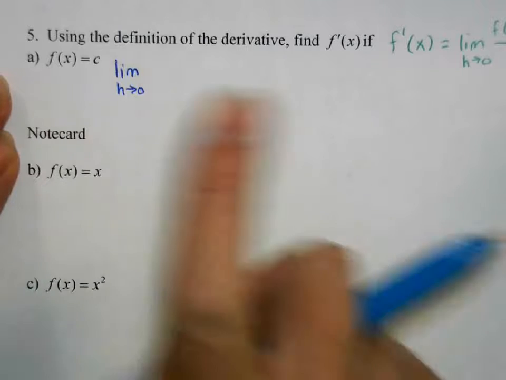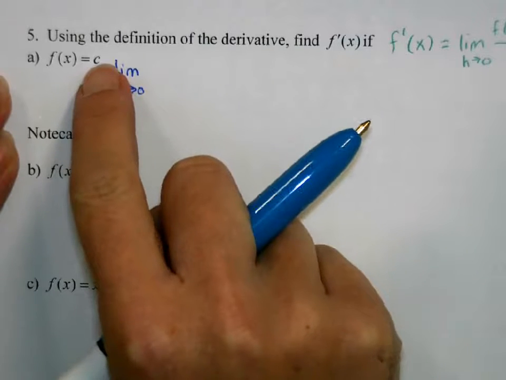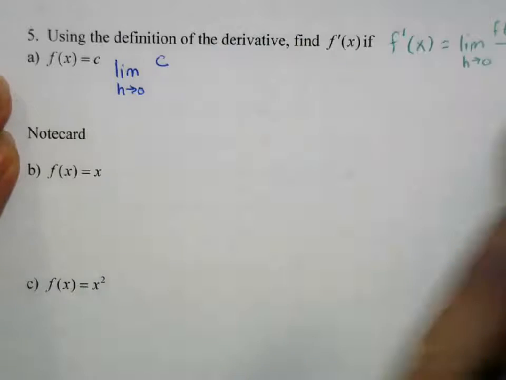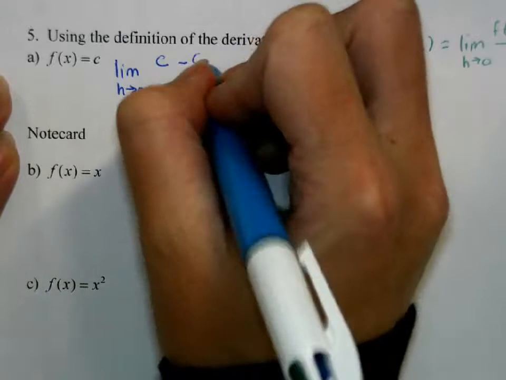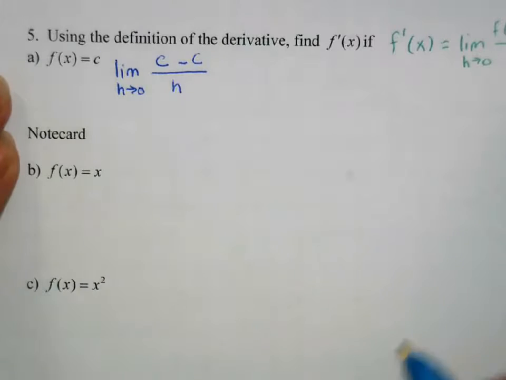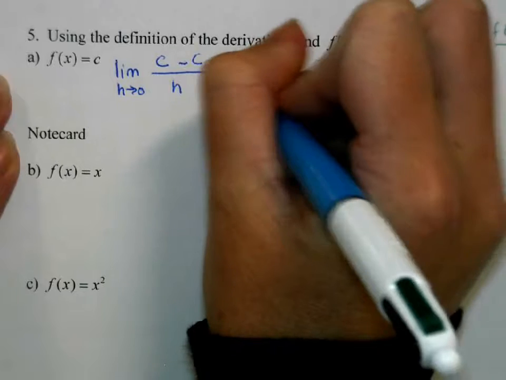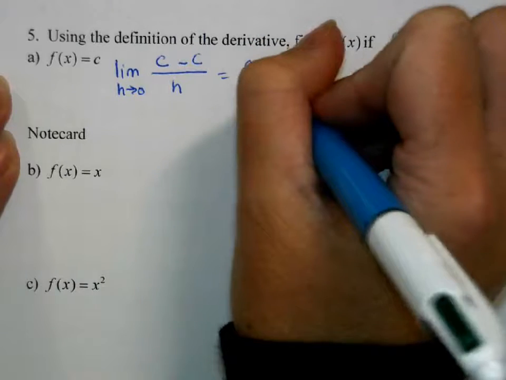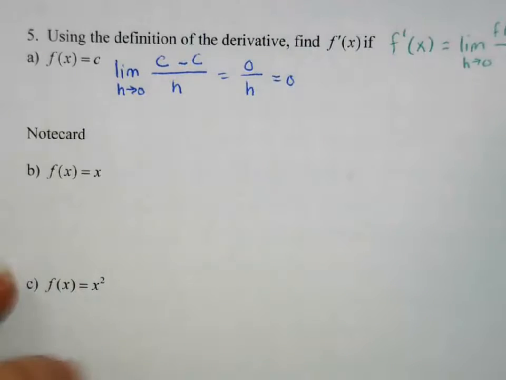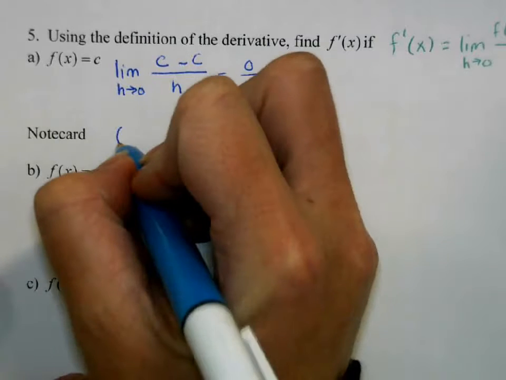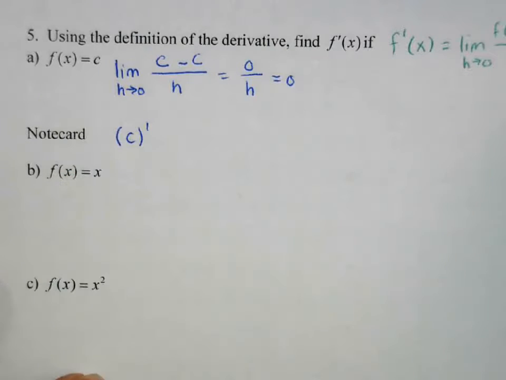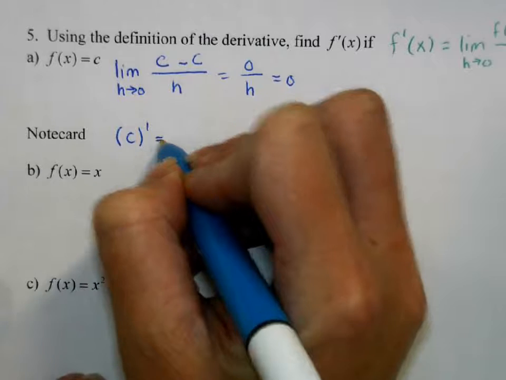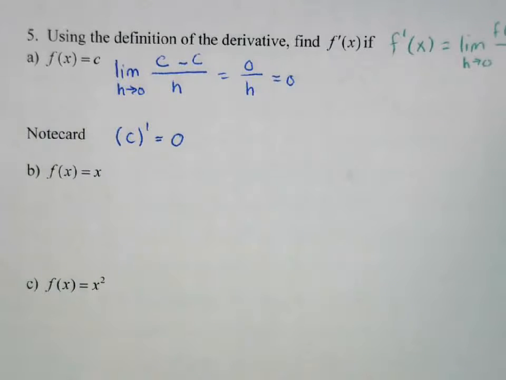Well, if I plug in x plus h here, I'm going to get c minus f of x, which is c over h, which is just 0 over h, which is just 0. So on a note card, I'm going to put on one side c prime, on the other side is 0. The derivative of any constant is 0.